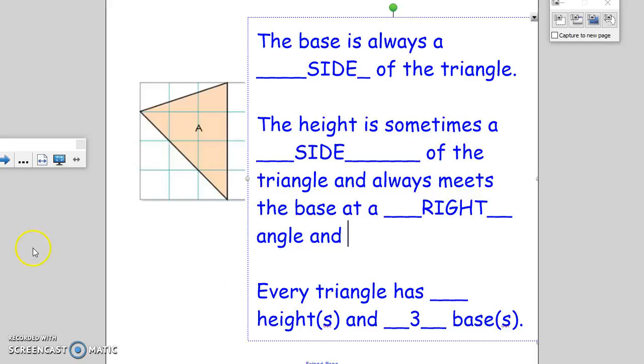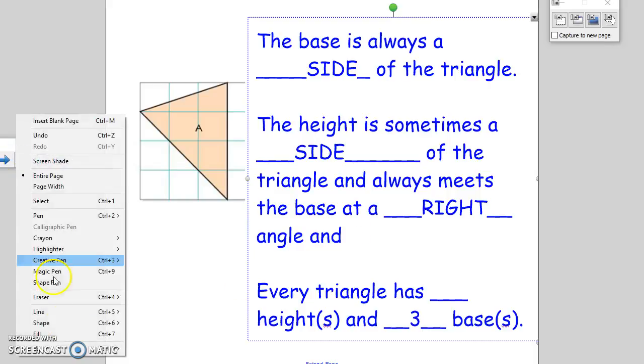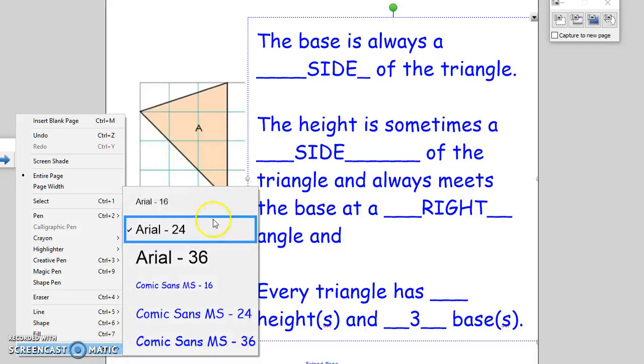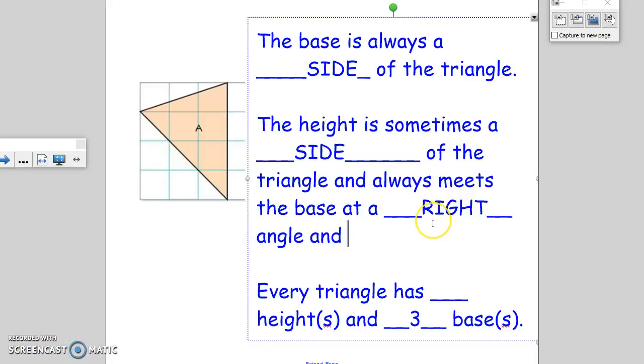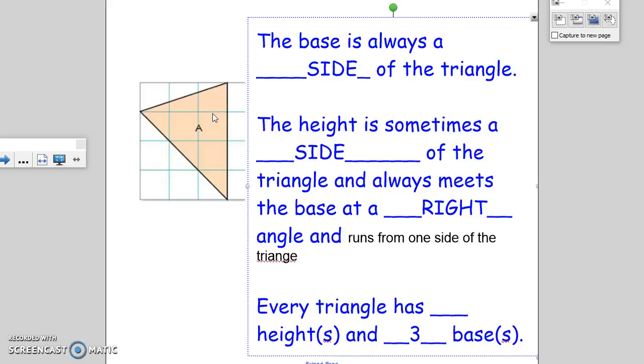The height has to go from one side of the triangle to where?